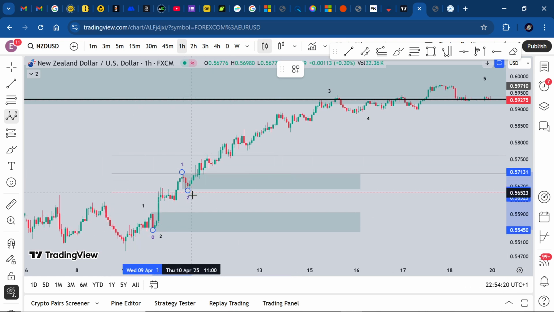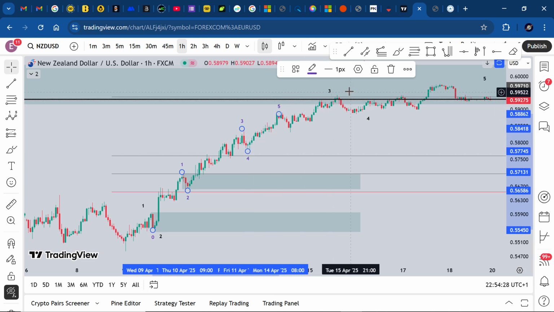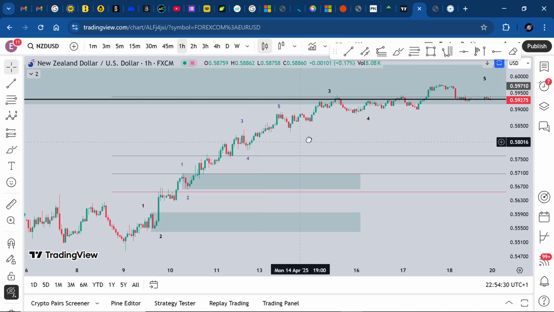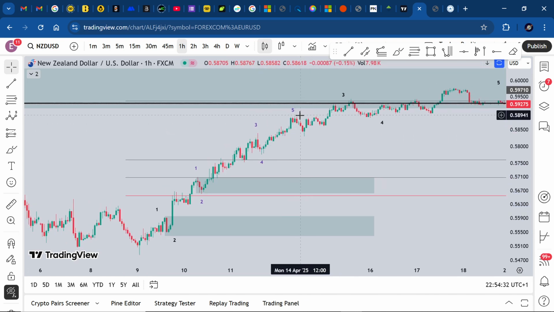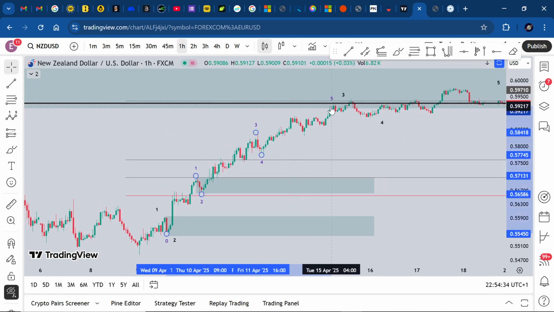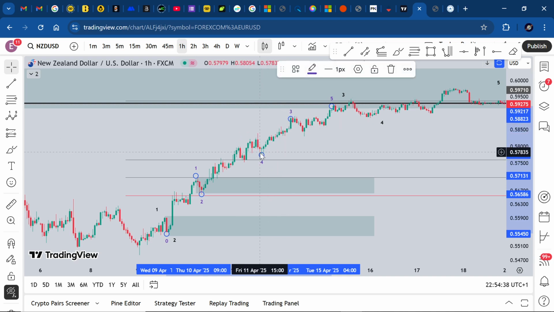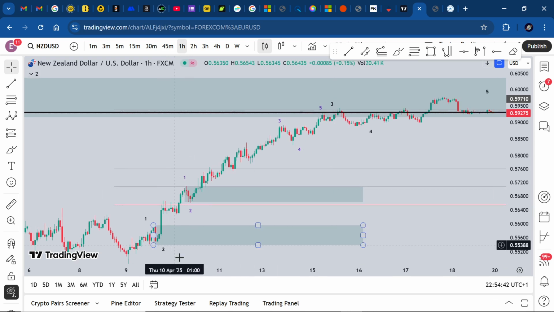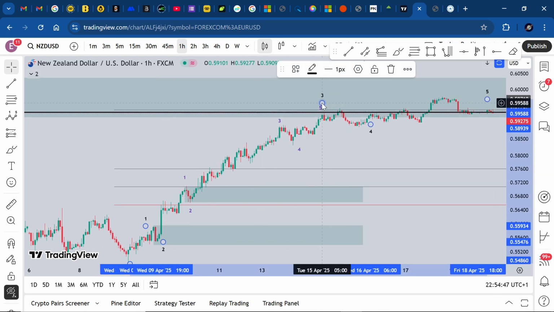So 1-2, I'm thinking 3-4-5 to give a 3. Something like this: 1-2-1-2-3-4-5, giving us that 3.